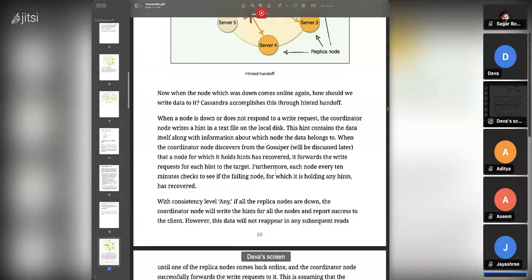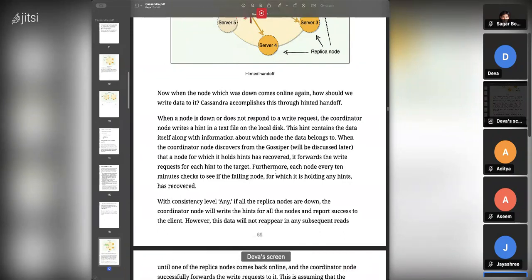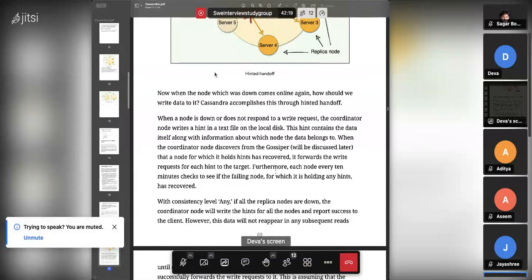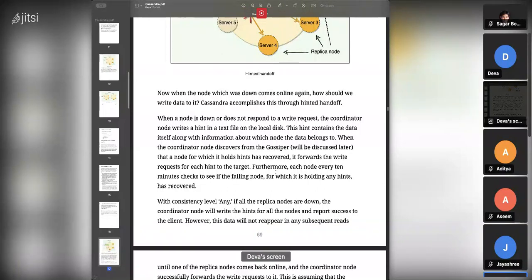Okay, so this paragraph is a lot of information, right? One thing is that when a node is down, as part of the gossiping, the coordinator knows that the node is not available. Then it stores that write request metadata in a local text file as a hint. So when that node is up, the coordinator is not going to read it from the other two nodes.